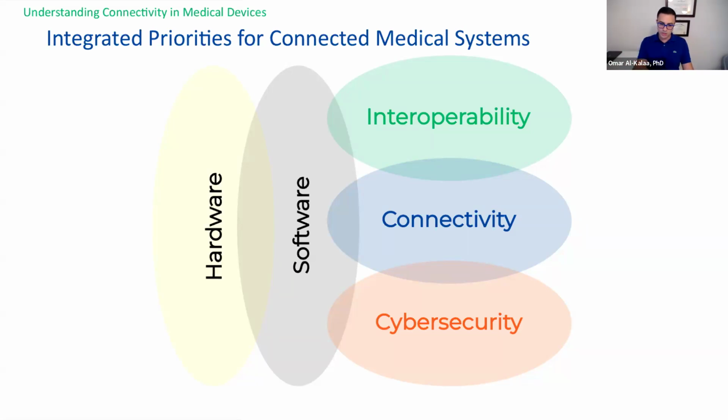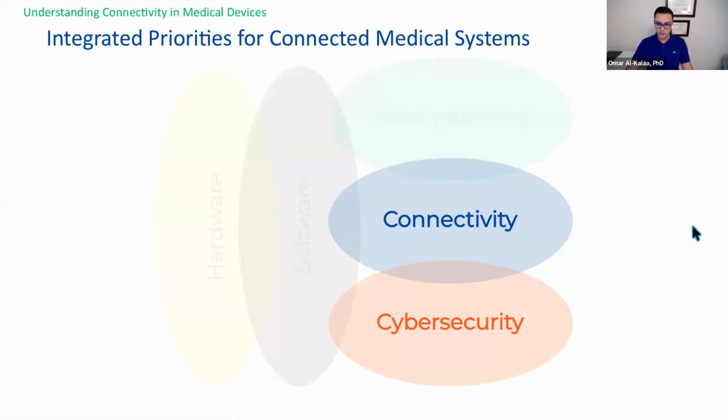So decisions made in one area directly result in outcomes in the other area. But today we're going to focus only on connectivity and cybersecurity. That doesn't take anything away from the other topics, but this is the subject of our webinar today.